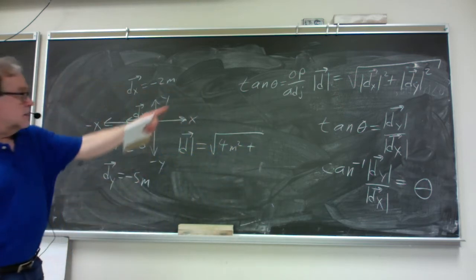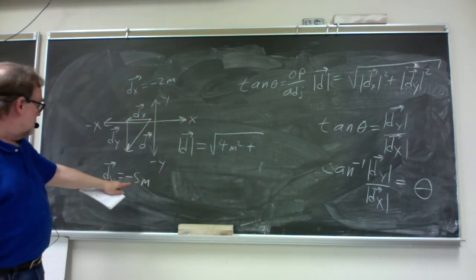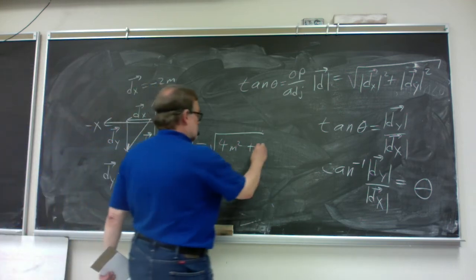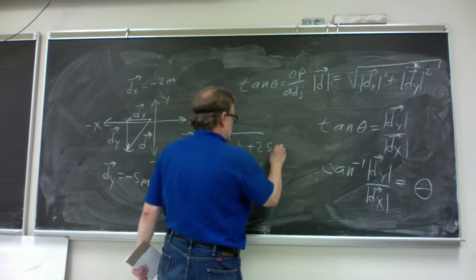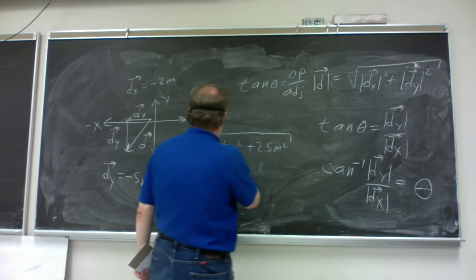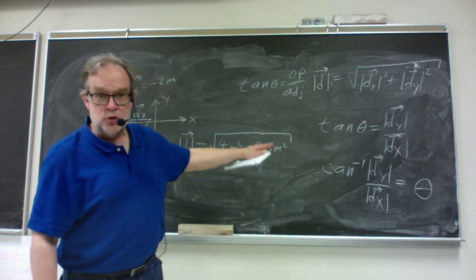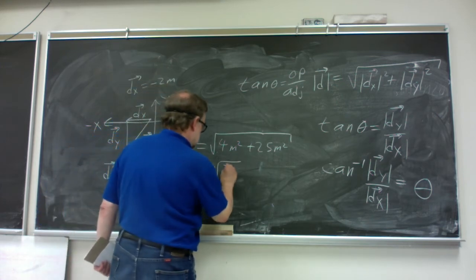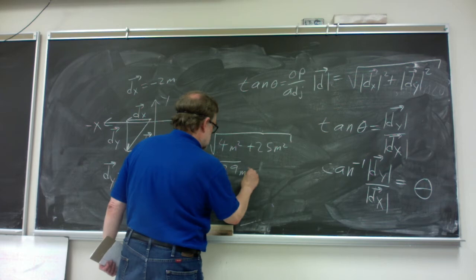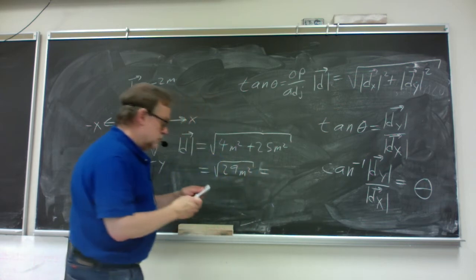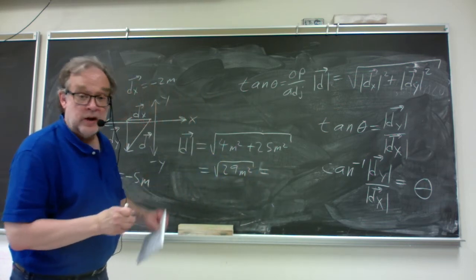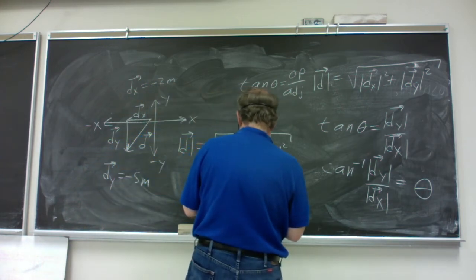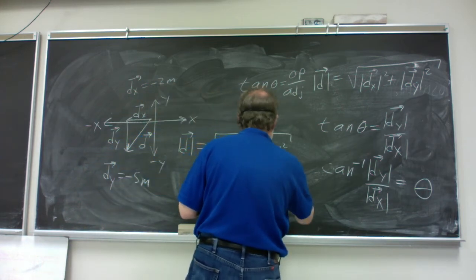And then magnitude of dy squared, which is -5 meters squared, so that gives us 25 square meters, or the square root of 29 square meters, which comes out to about 5.6 meters. Or excuse me, 5.4 meters.